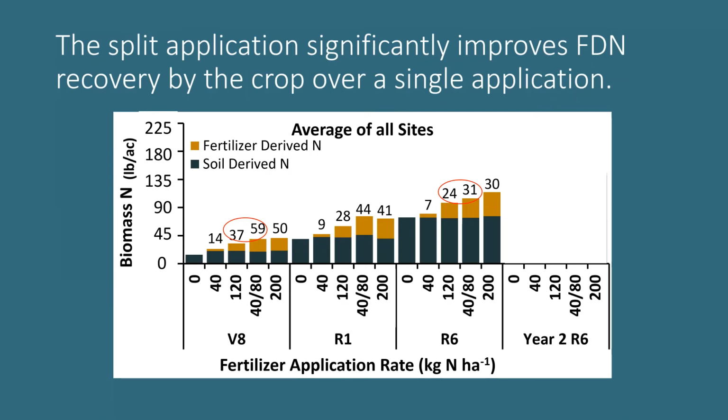And then that corn crop having a better developed root system so it can more effectively compete with the soil microbes for that inorganic fertilizer-derived nitrogen. But once you get to R6, there's not a significant difference between the amount of nitrogen taken up by the crop from the fertilizer between these two treatments.